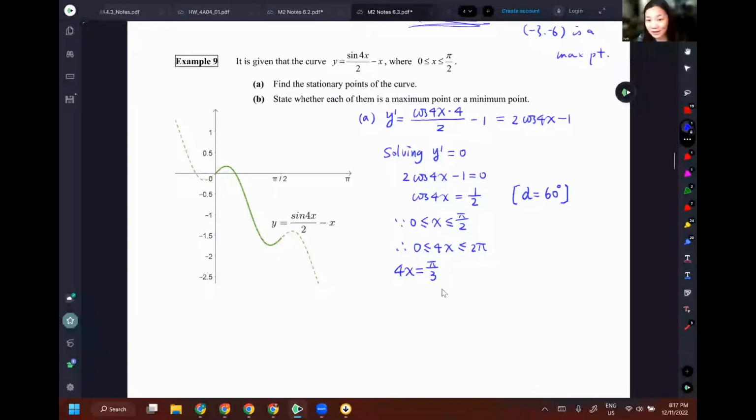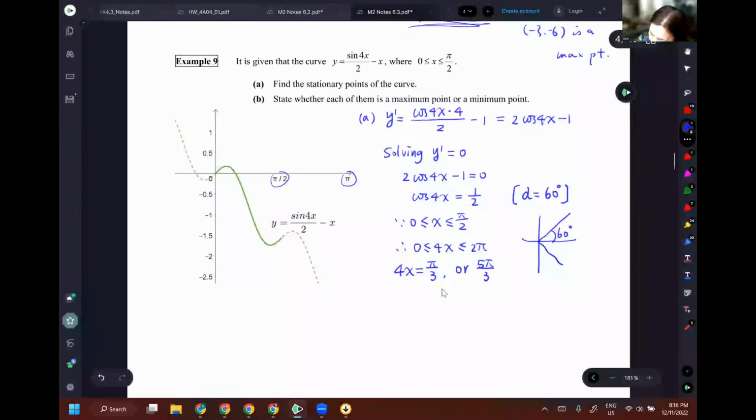Always use radian. Always. You see, there is no degree here. That's the first angle. The second angle is the angle in quadrant 4, which is 5 pi over 3. If you don't remember, one angle is here, 60.